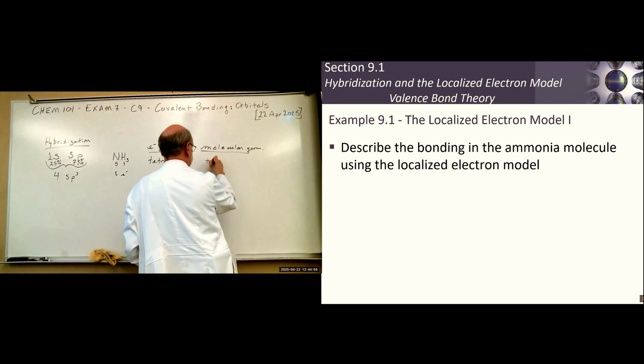But in order to satisfy the electronic geometry, we still need sp3 hybridization for the nitrogen. When we look at the nitrogen atom, it has 7 electrons. So that's 1s2, 2s2, and 2p3. This would have 2 electrons in it, and this would have 3. But we'd still hybridize those orbitals.